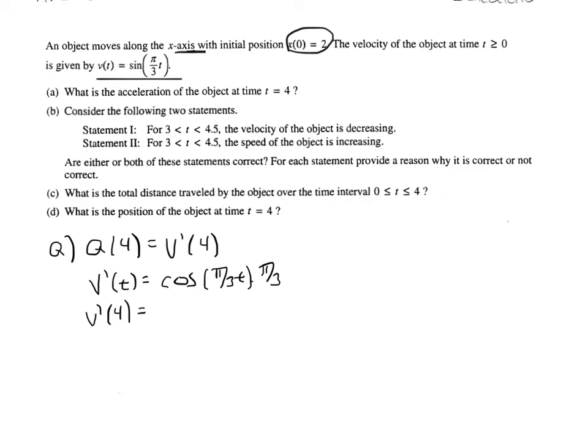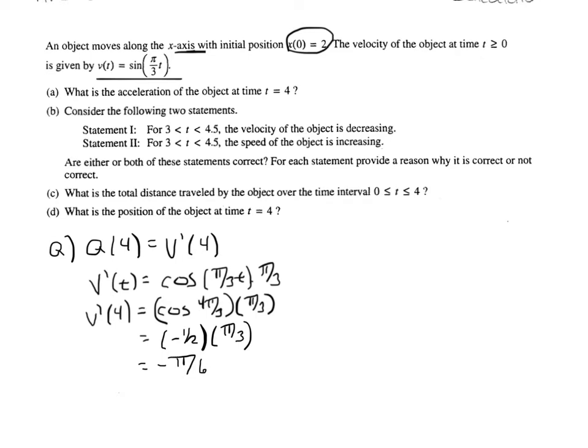So v prime of 4 is cosine of 4 pi over 3, and then that times pi over 3. Then that's negative 1/2 times pi over 3. So we get negative pi over 6 is the acceleration at t equals 4.